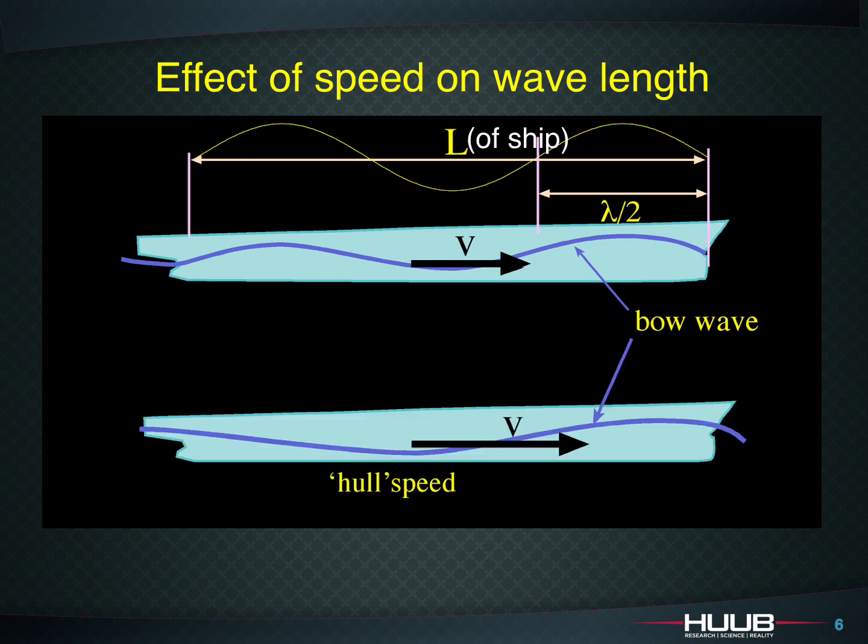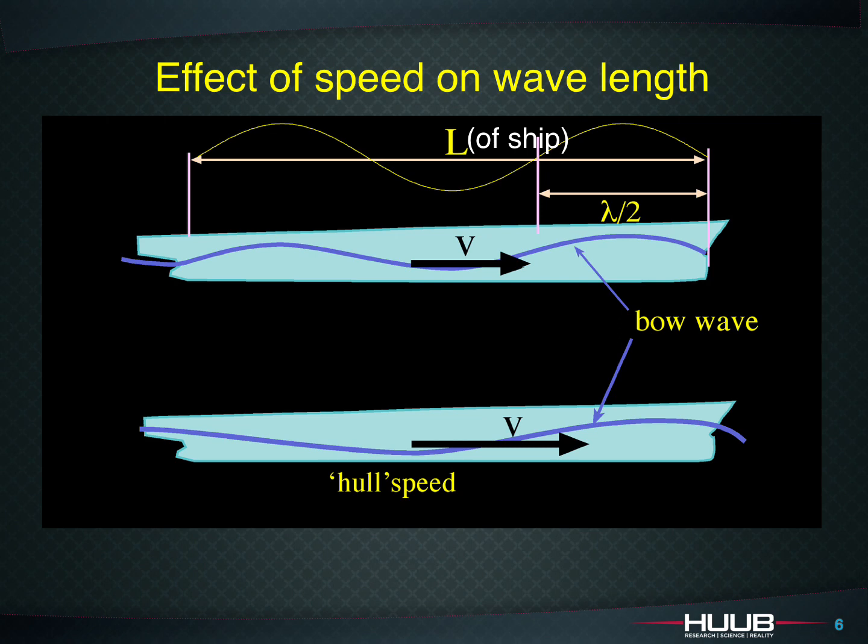If the ship is traveling at a larger velocity, then ultimately the length of the wave is equal to the length of the ship, and the ship is more or less trapped between the bow wave and the stern wave.